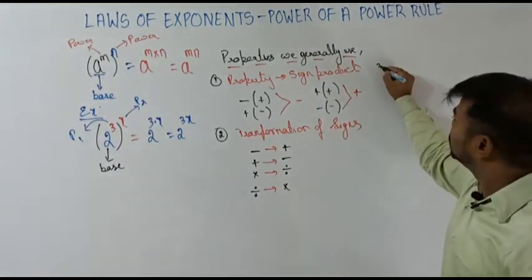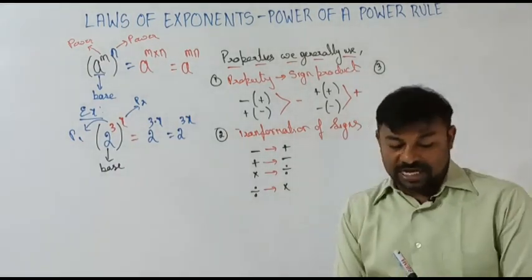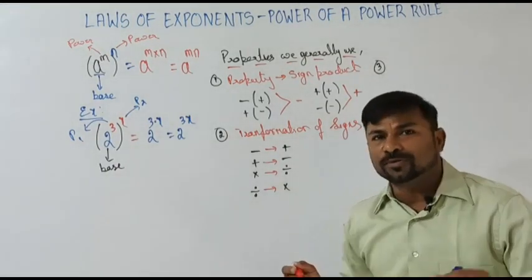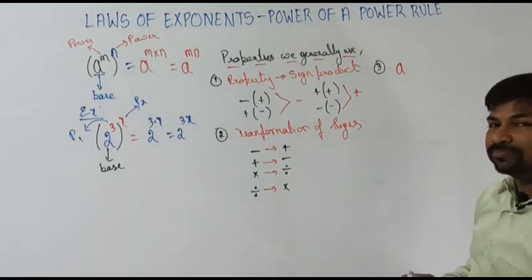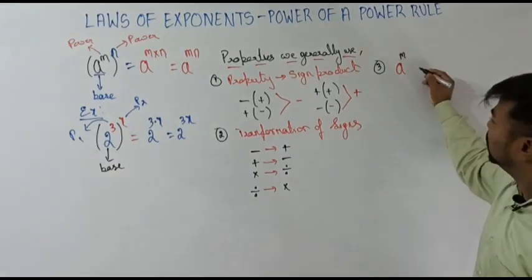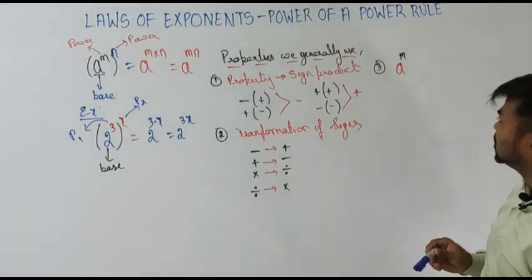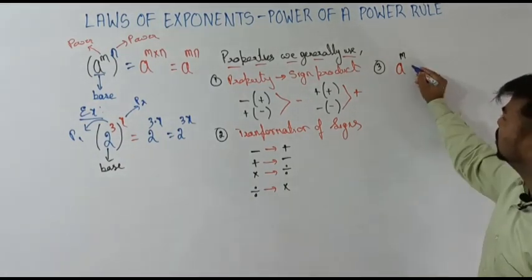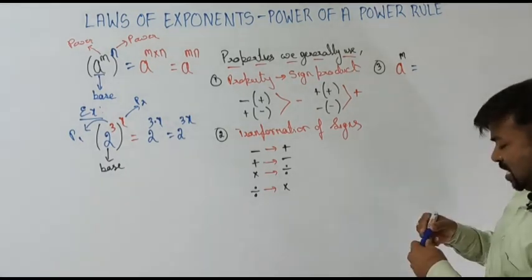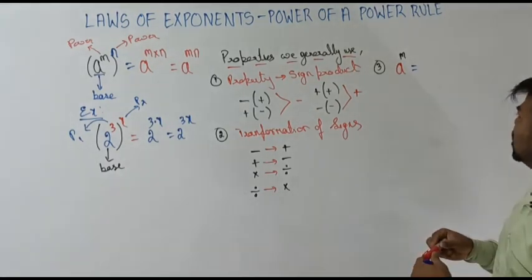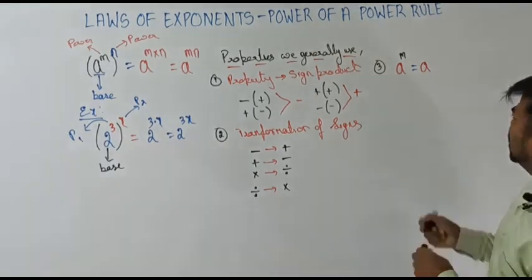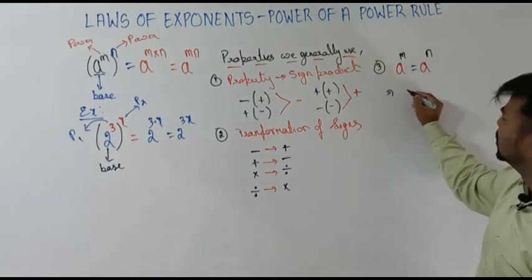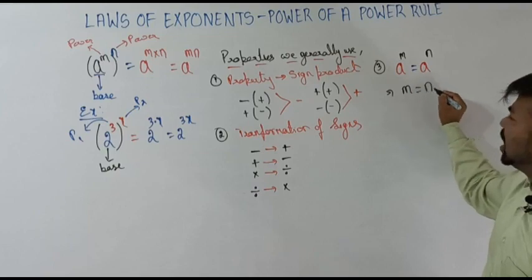Now, the third property we are supposed to remember is very important, which is very useful for you. That is a to the power m equals a to the power n. If you have it like this, a to the power m equals a to the power n, then you have to remember that m equals n.